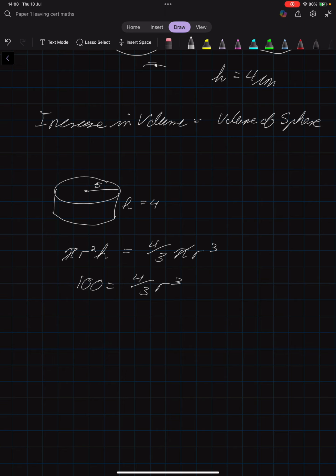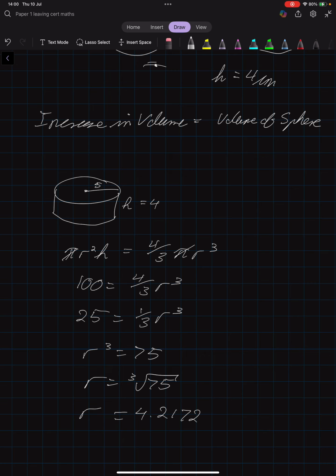Divide both sides by 4, I get 25 equals a third r cubed. Multiply both sides by 3, I get r cubed is equal to 75. So r is going to be the cube root of 75, which is 4.2172 centimeters. So that's how big the ball is.